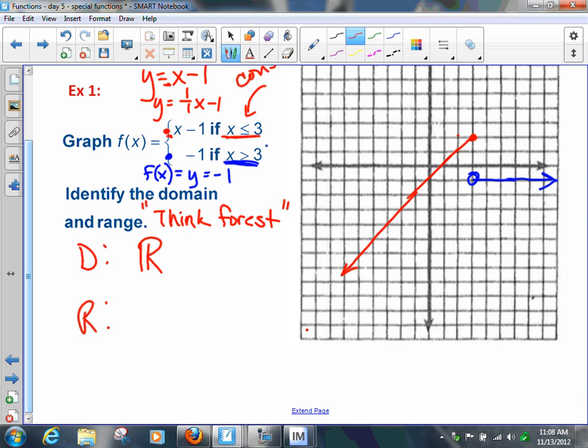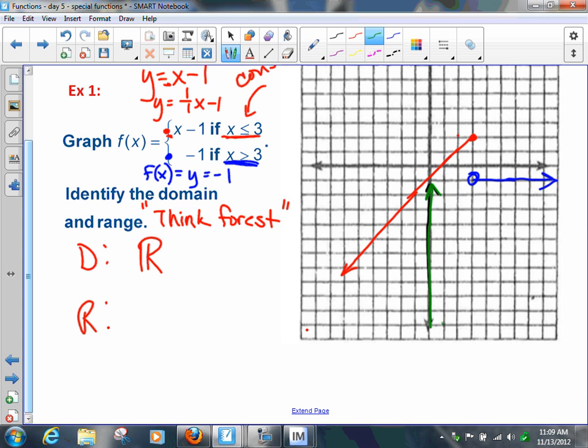I see values in between 2 and 3. Now keep in mind we're talking y's, right? So we're looking this far. That's not good to use that color because you can't see it. Well, it's definitely going up to -1, would you agree?